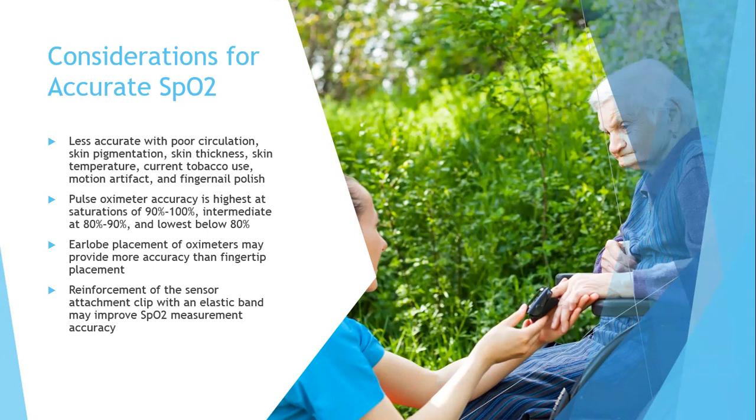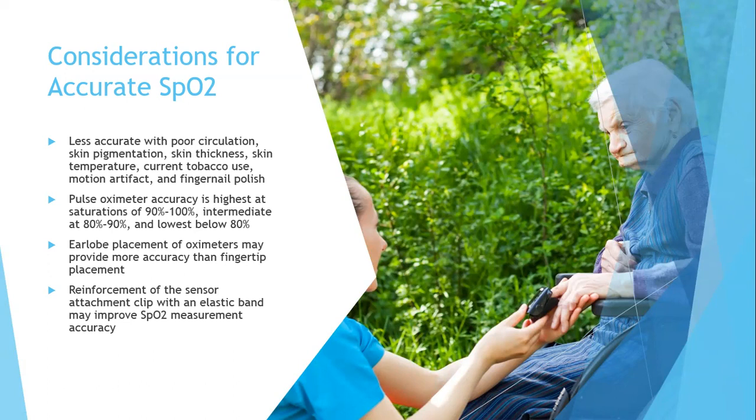The pulse oximeter accuracy is best at saturations of 90 to 100. It's okay at 80 to 90, and below 90, it's not that good in terms of accuracy. So if somebody's really at that range, they probably want to get arterial blood gases to get an actual oxygen saturation.